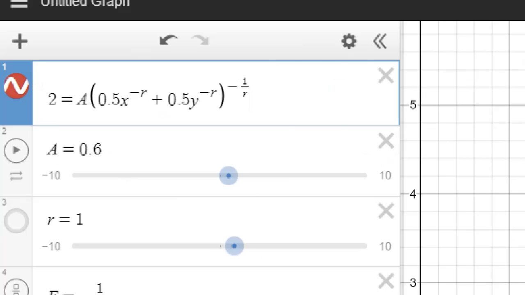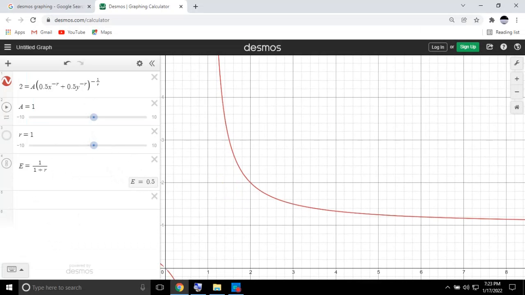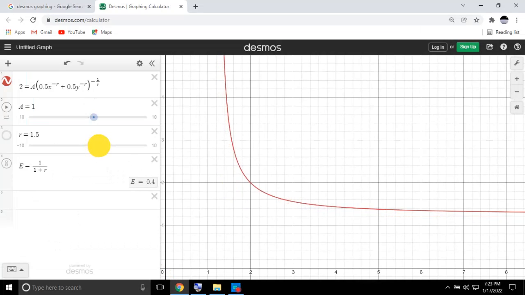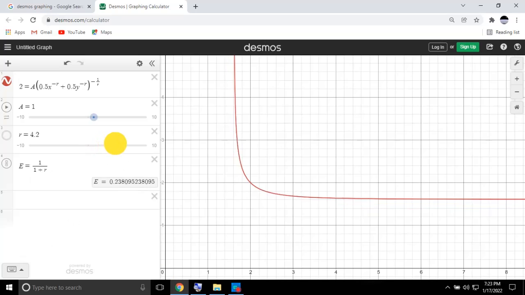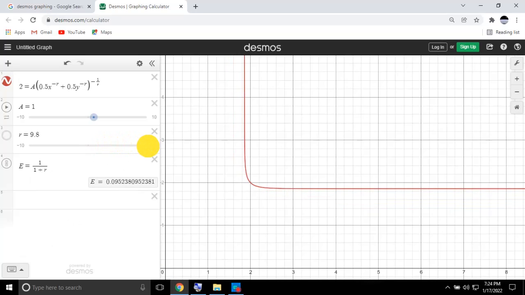We took the share of labor as 0.5 and the share of capital as 0.5 as well. X here represents labor and Y here represents capital. Now let's see how this parameter affects the graph. As you can see, if I increase the value of R, the curvature increases and vice versa.